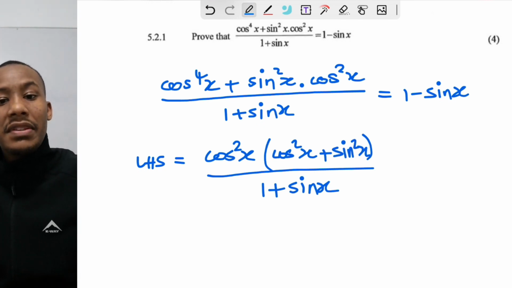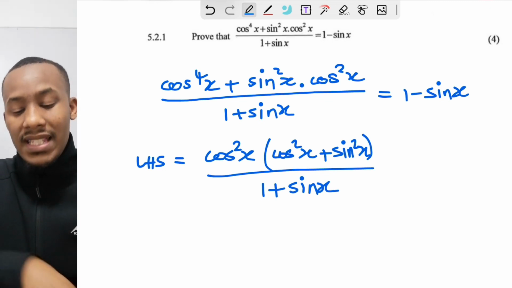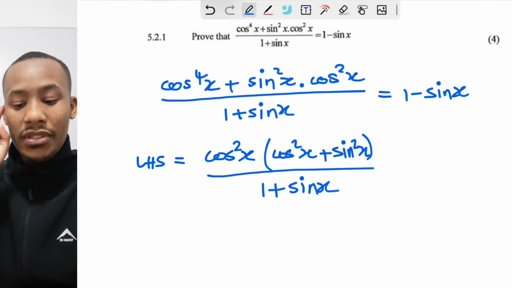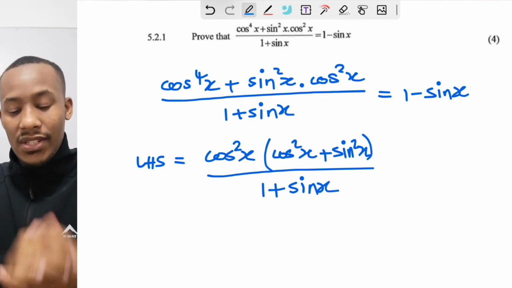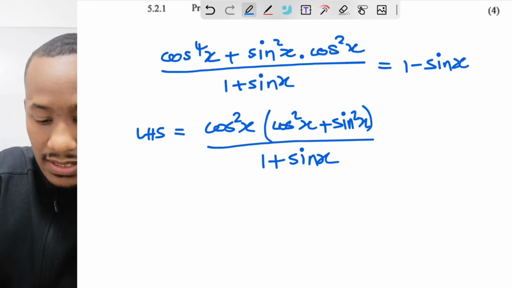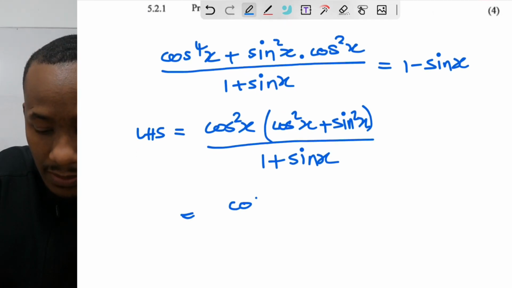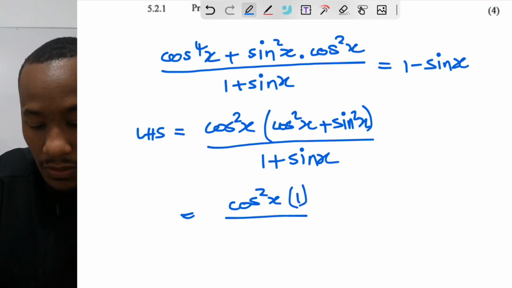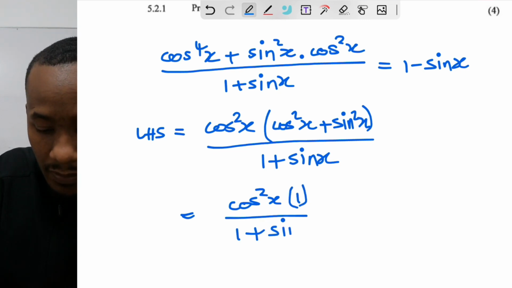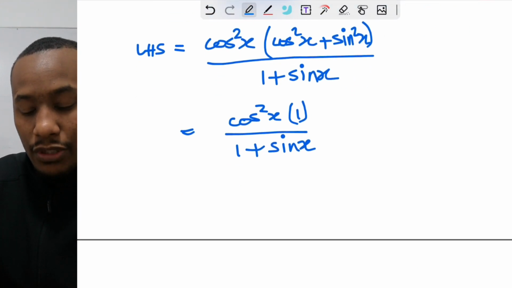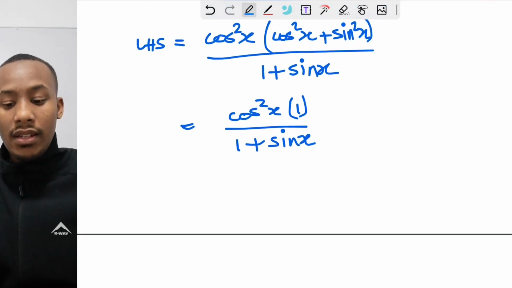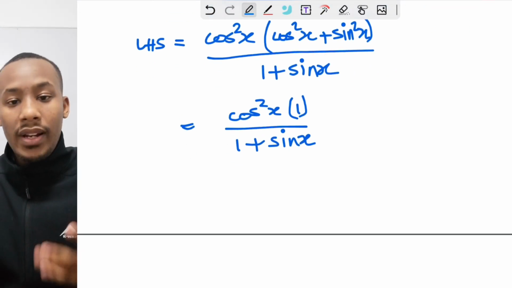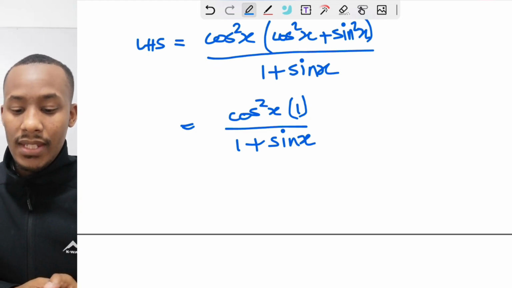And we also know that cos to the power of 2 plus sine to the power of 2 is equal to 1, so that just becomes 1. And we all know that 1 multiplied by something doesn't really affect the term at all. So basically our numerator is just cos squared x.